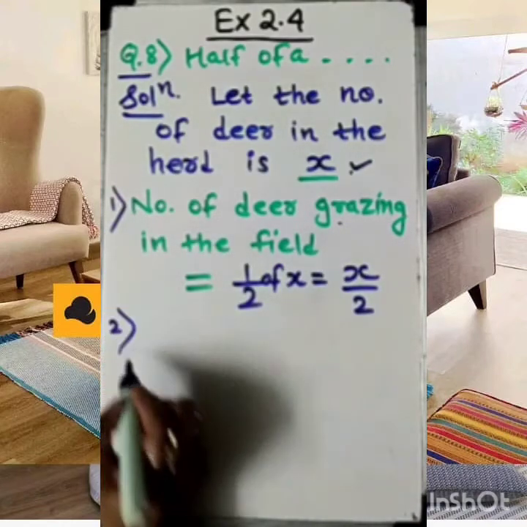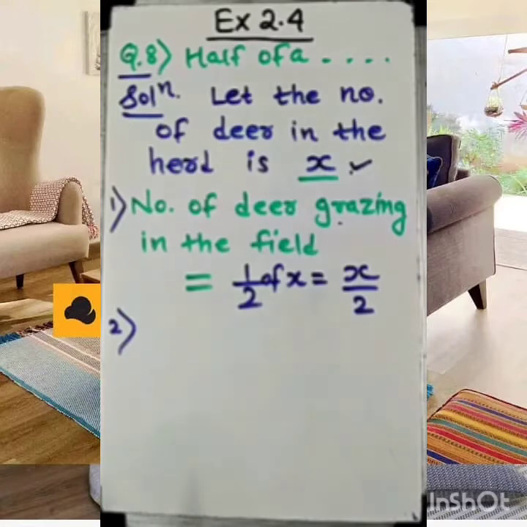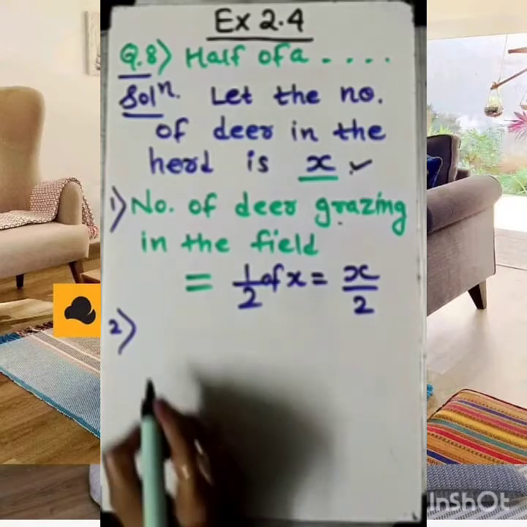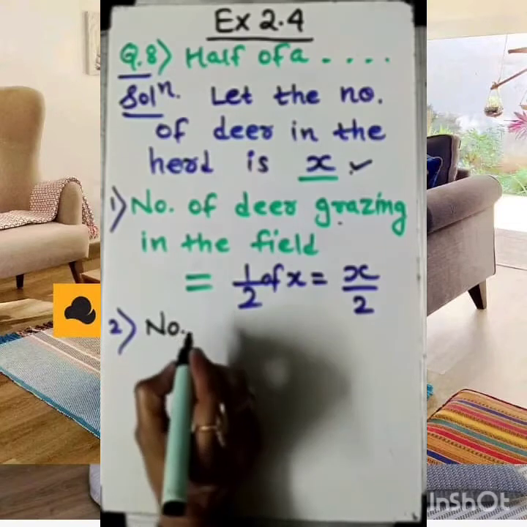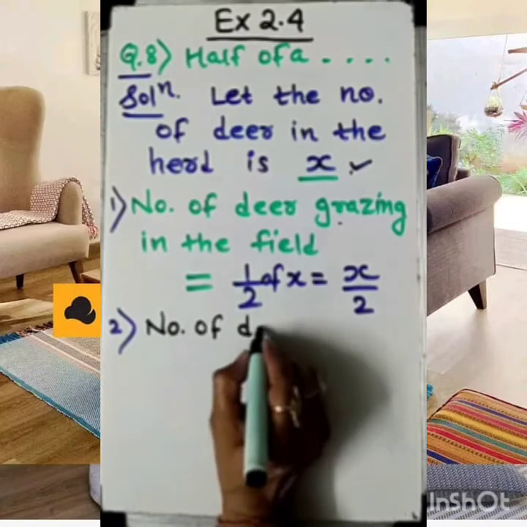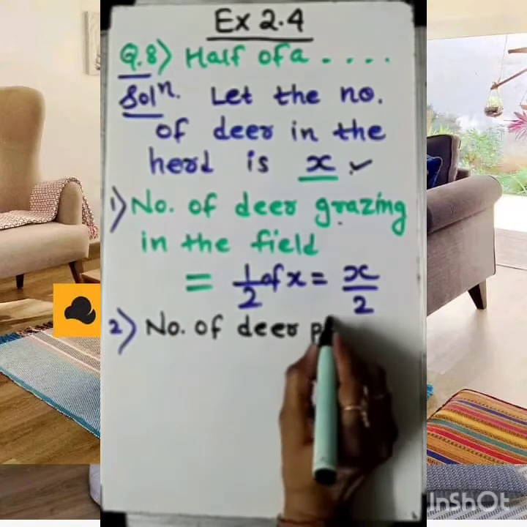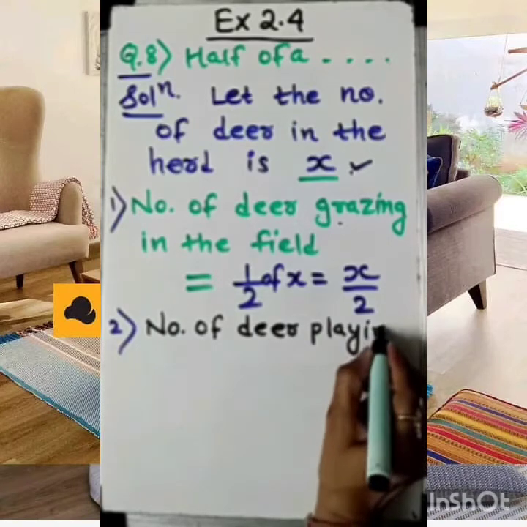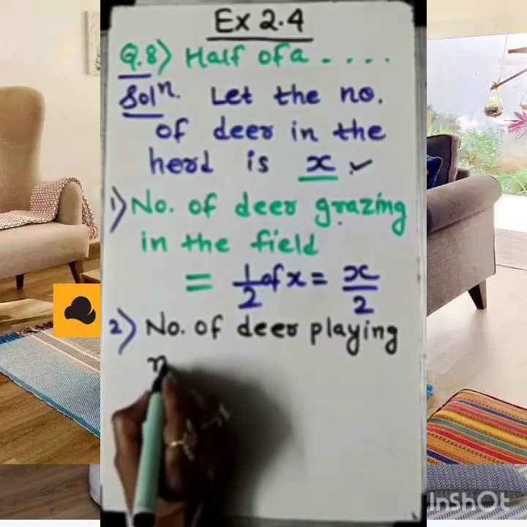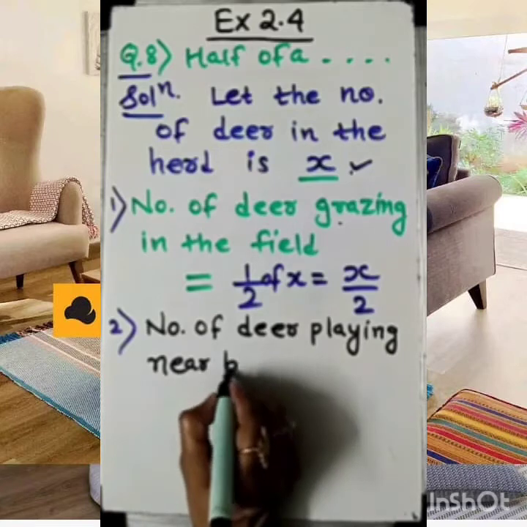Now the second type of deer. We are given that 3/4 of the remaining are playing nearby. So we need to mention the number of deer playing nearby.